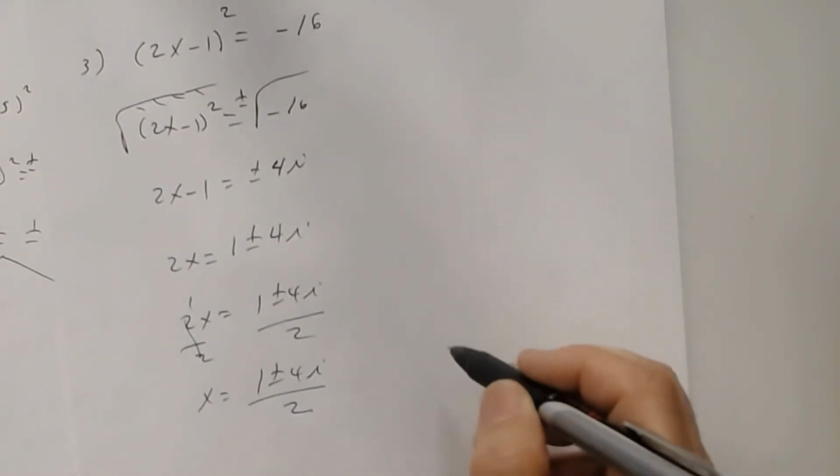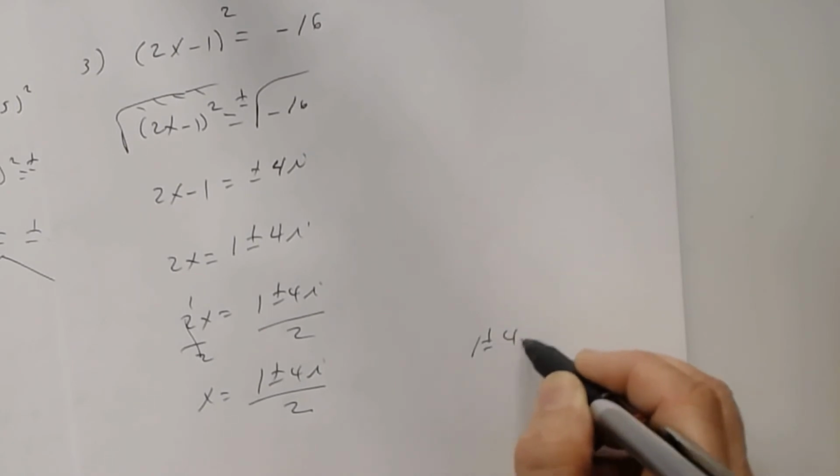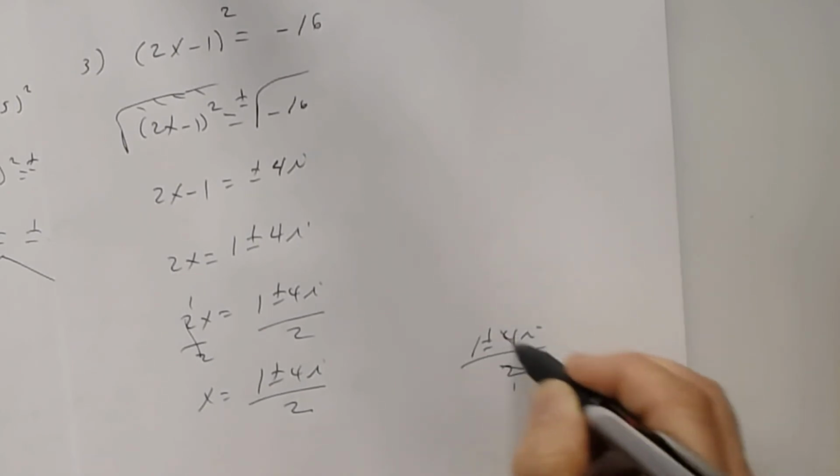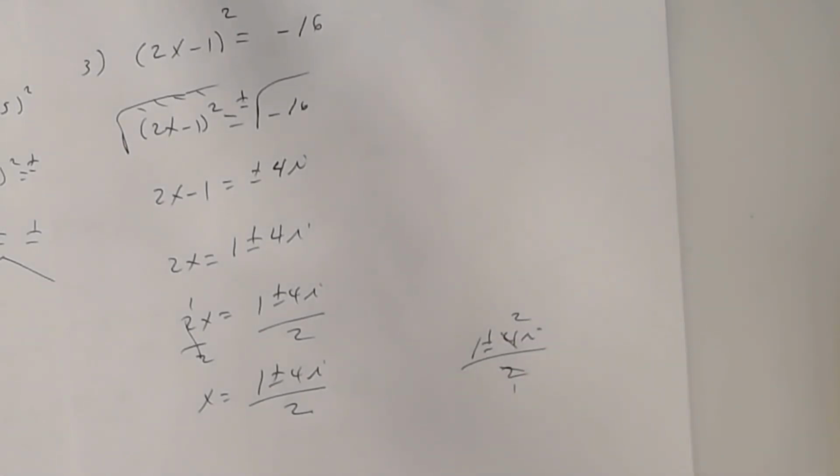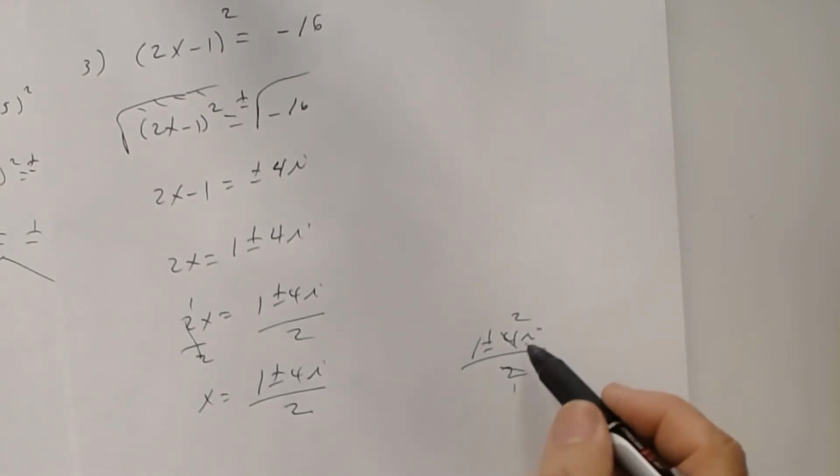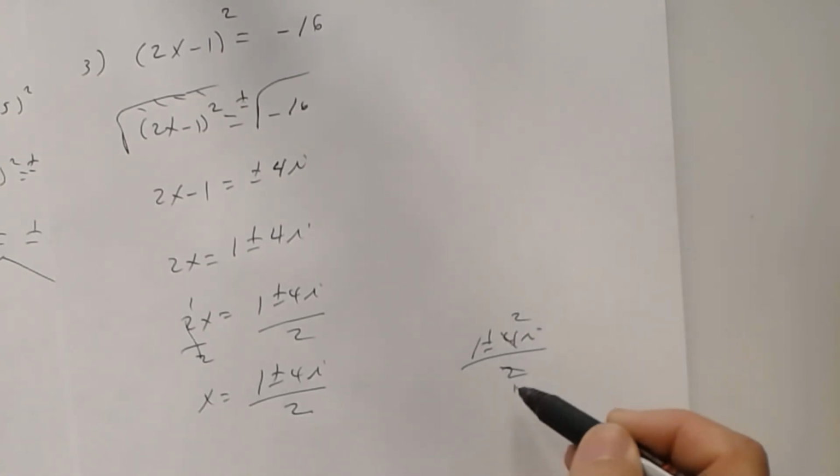Now, leave it like that. Some of you are going to have this question, because some of you were doing this earlier. You're going to say, well, can I reduce the 4 into 2? No, because if you do this, and I saw this with some of you, the answer is incorrect. Because it is not only 4i that's being divided by 2, but what else is being divided by 2?